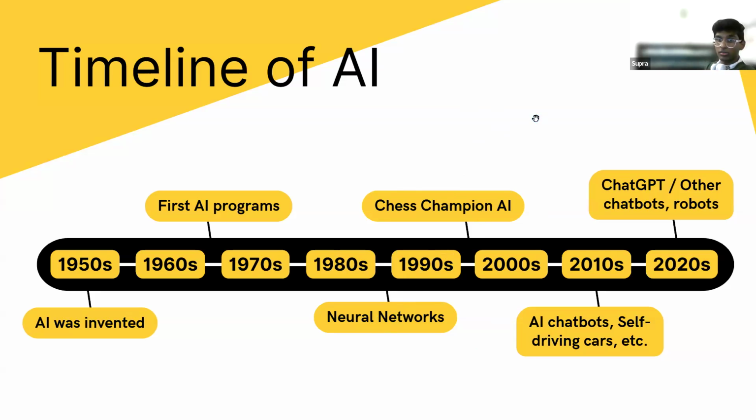Okay, so next in 1997, between the 1990s and the 2000s, an AI program called Deep Blue defeated a chess grandmaster named Garry Kasparov, and that's a very big deal because it's obviously not easy to defeat one of the world's best chess players at that time.